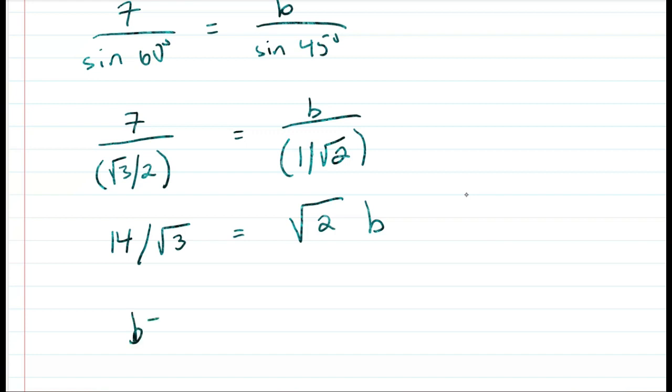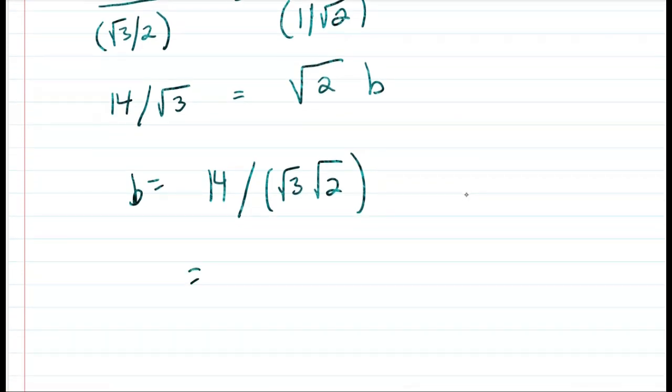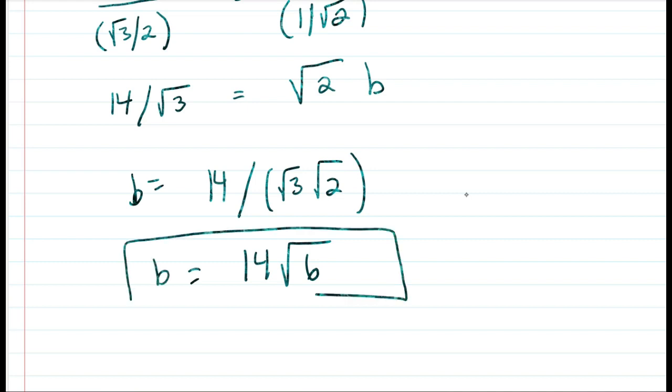So therefore, B is going to be equal to 14 divided by the square root of 3 times the square root of 2, which is equal to 14 times the square root of 6 over 3. All right, and we've just solved that example.